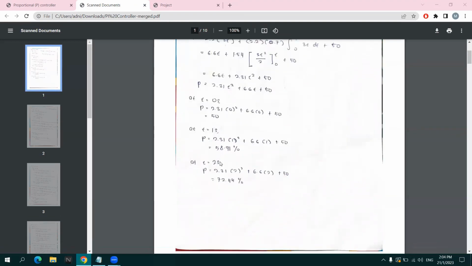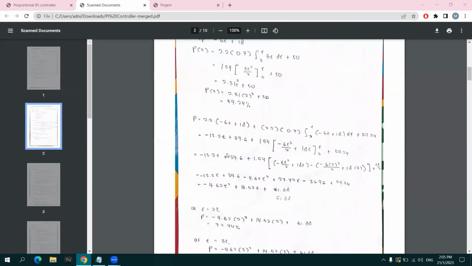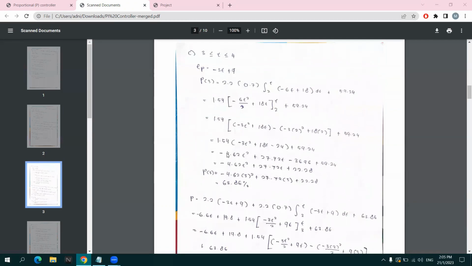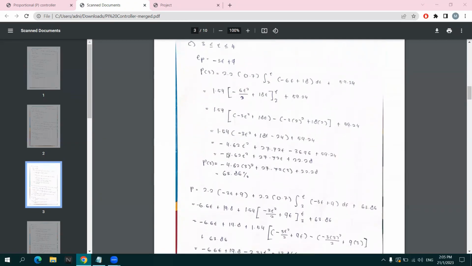So this is our value. For example, at T equals 0, the value for P is 50%. So it's the same with the rest.